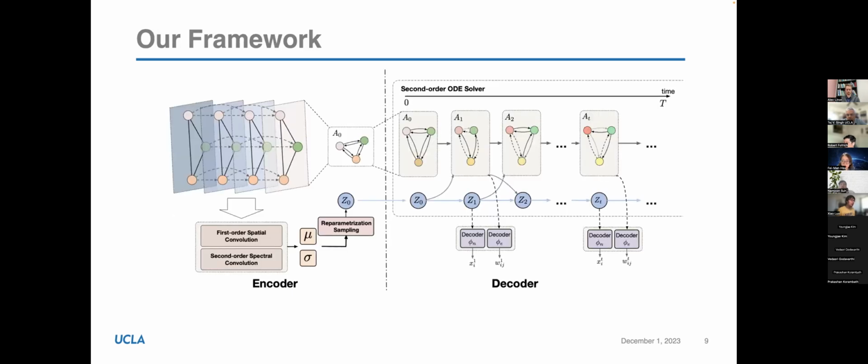So here we also give an updated version of the neural ODE. Here we will use a second order ODE solver, and in this way we can model high order dependencies of the dynamic system, and we can achieve better performance and efficiency compared with the original one.